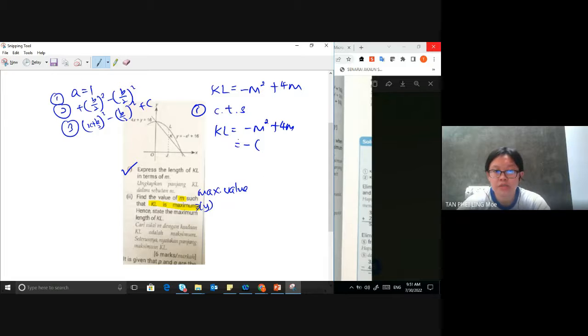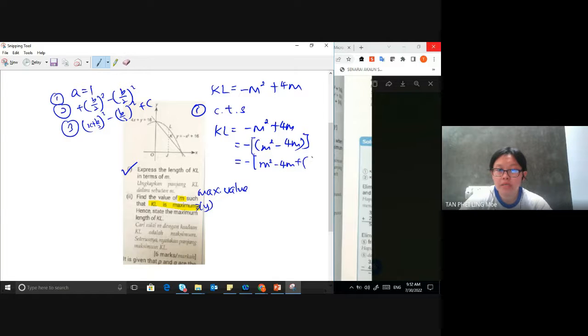Now take out the negative. So we have m squared minus 4m. Then continue, and this one I put into a big bracket. Now there's no c, so what shall we do? Just continue. You will have m squared minus 4m. After that, you should add what?